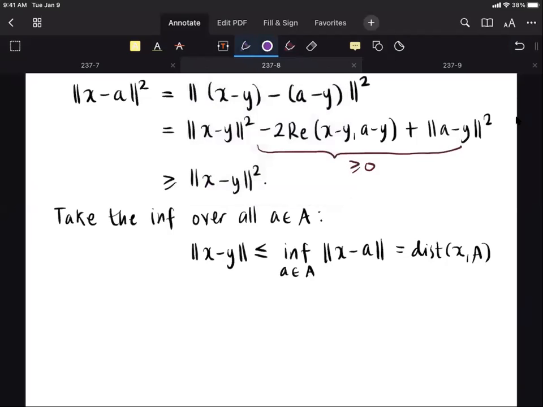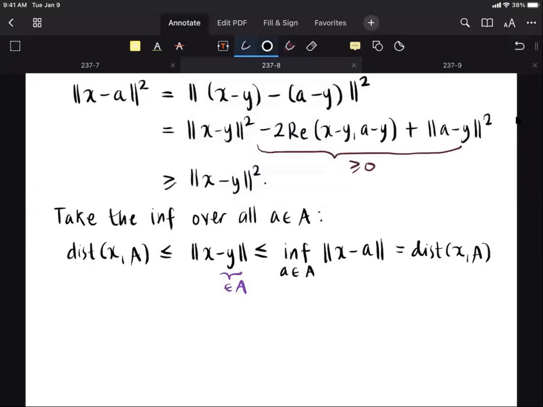However, according to our assumption, y is an element of A. So this must be greater or equal to the distance as well. So you are squeezed. In fact, these inequalities are also equalities.